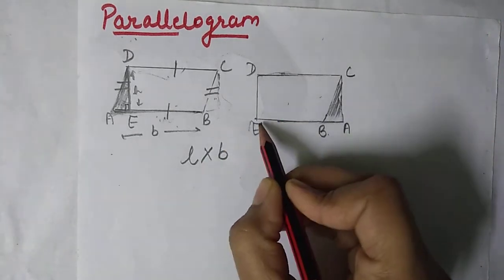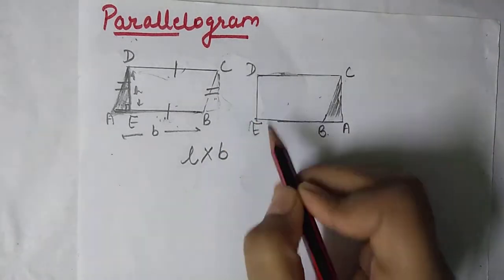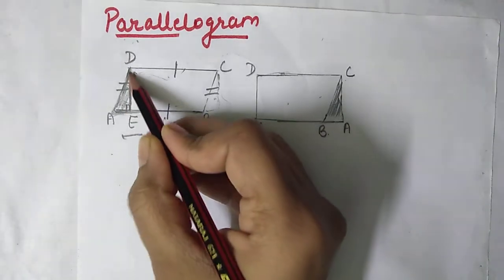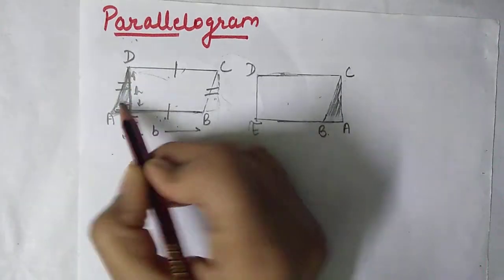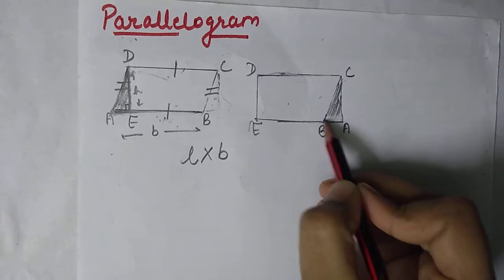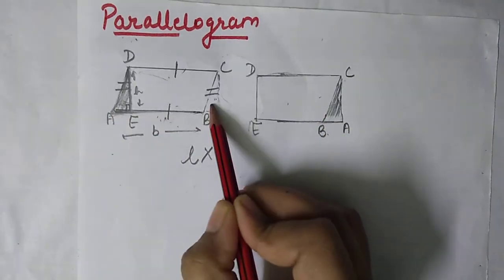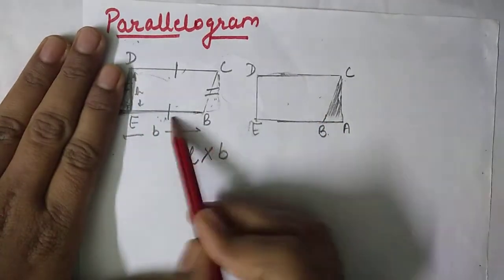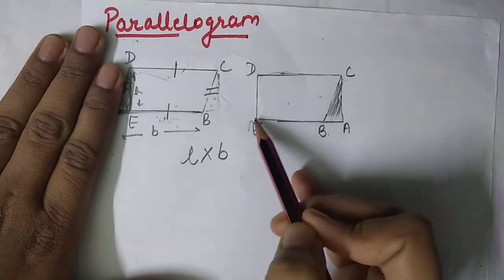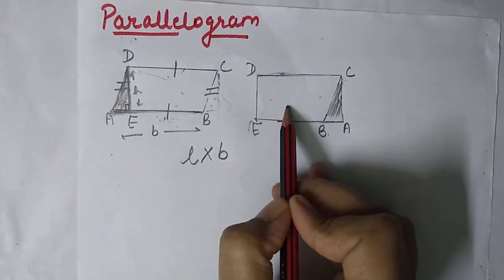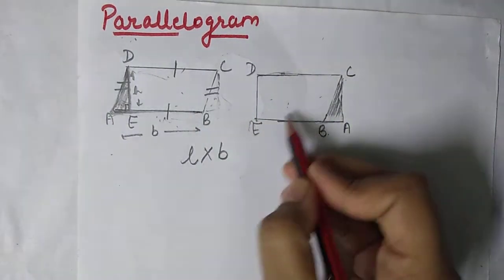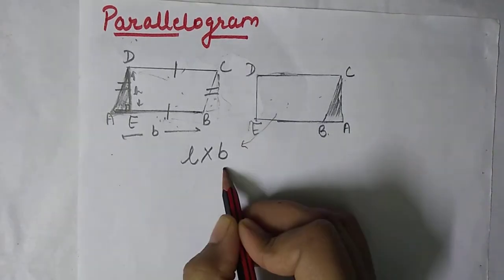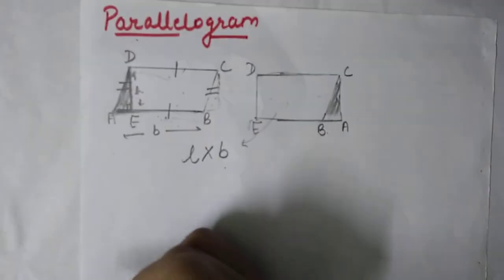I have just cut off this triangle and pasted it to this side, and after cutting and pasting, I get a rectangle in this way. The area remains the same.